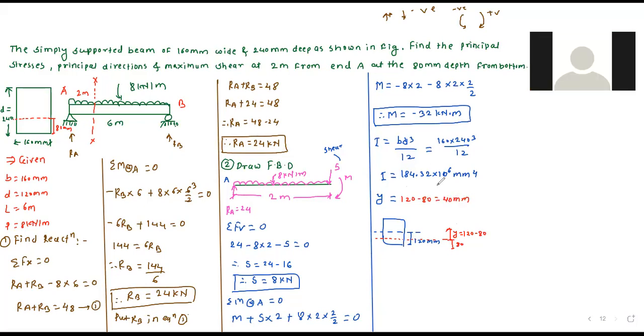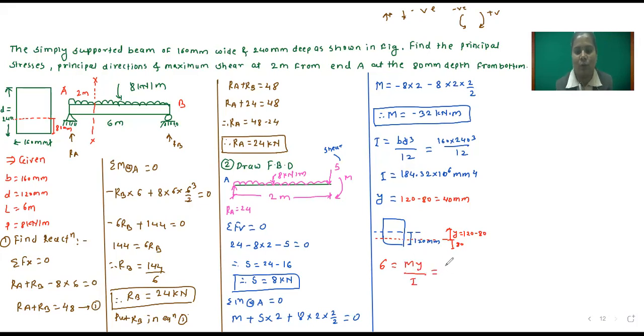Now we are able to find the bending stress or normal stress. Sigma is equal to M into y upon I. M is 32 kilonewton meter, and we convert it into Newton mm, so 32 into 10 raised to 6, 10 raised to 3 for Newton and 10 raised to 3 for mm, into y. The minus sign indicates the moment is anti-clockwise, that's why we neglect it.